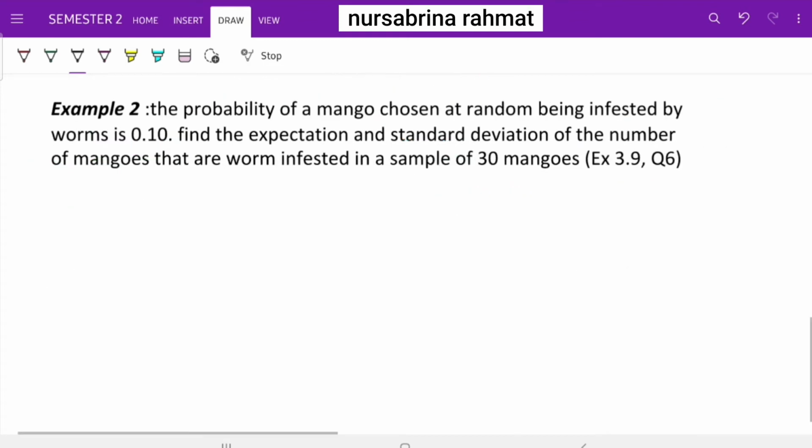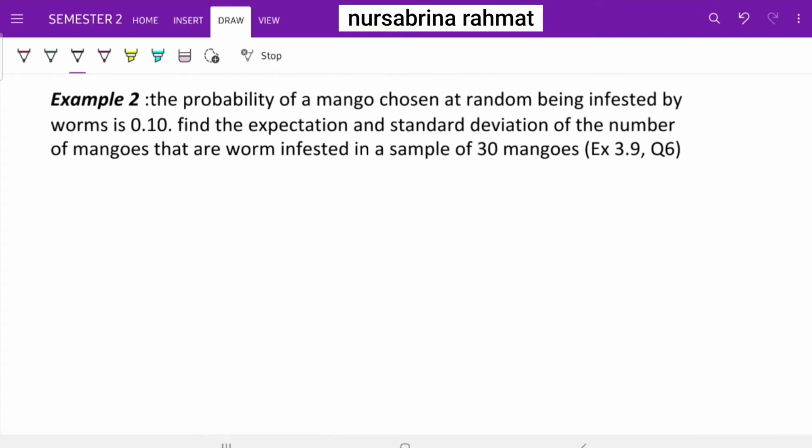Let's move on to the second example. The probability of a mango chosen at random being infested by worms is 0.10. Find the expectation, which means the mean, and the standard deviation of the number of mangoes that are worm infested in a sample of 30 mangoes.